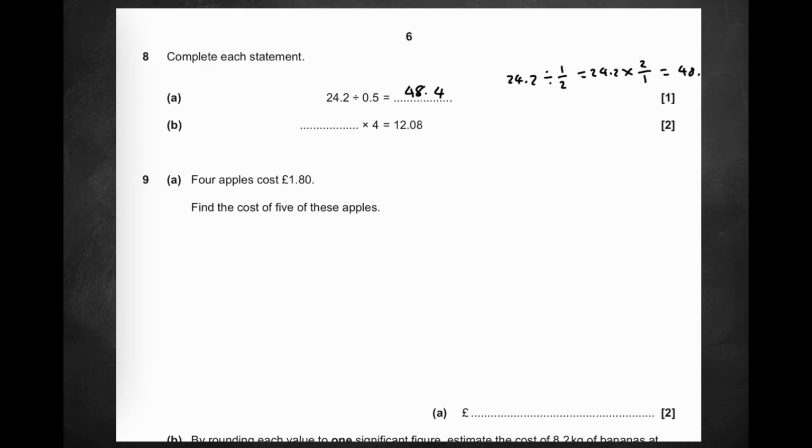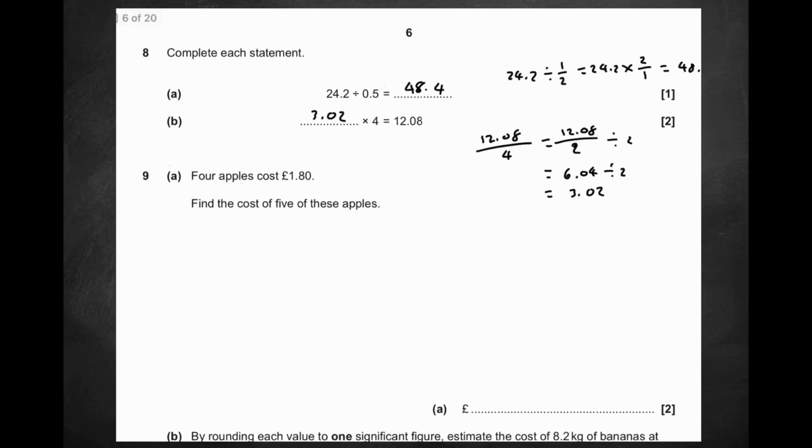And part B, something times 4 equals 12.08, therefore 12.08 divided by 4 equals the answer we're trying to get to. So what we're going to do is 12.08 divided by 2 divided by 2, just to make it a bit easier on ourselves without a calculator. So 12.08 divided by 2 is 6.04, and then 6.04 divided by 2 is just 3.02.